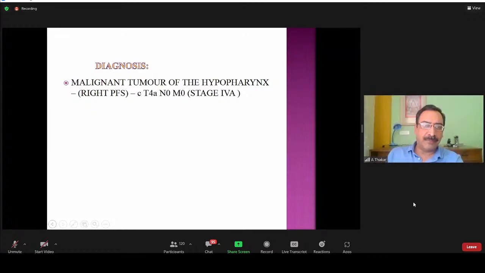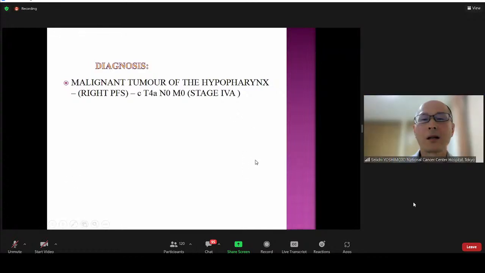So can we have the perspective of Dr. Yoshimoto? Sir, how do you treat these patients with hypopharyngeal cancers? Because you obviously have significant experience with these in Japan. That's a T4A case, and I strongly recommend operation first as a surgical oncologist, because this patient already has the swelling problem, and so I think concurrent chemotherapy is a very difficult job.